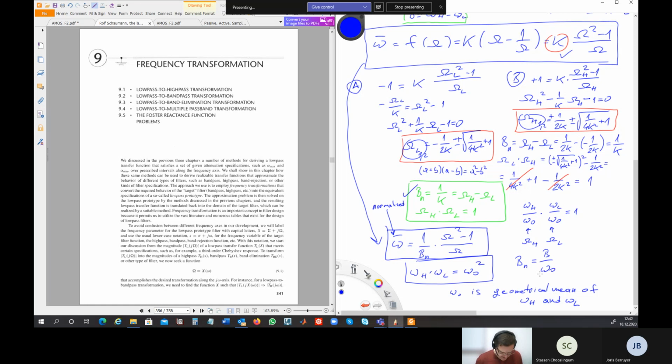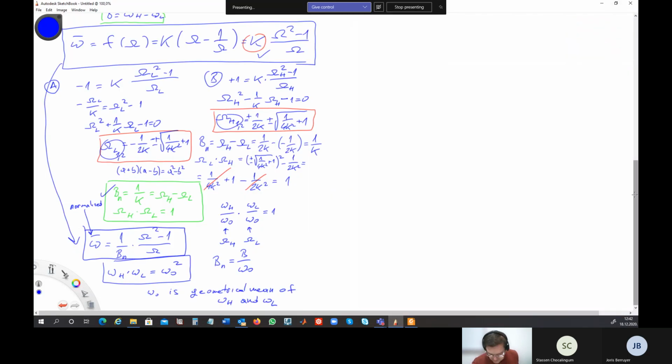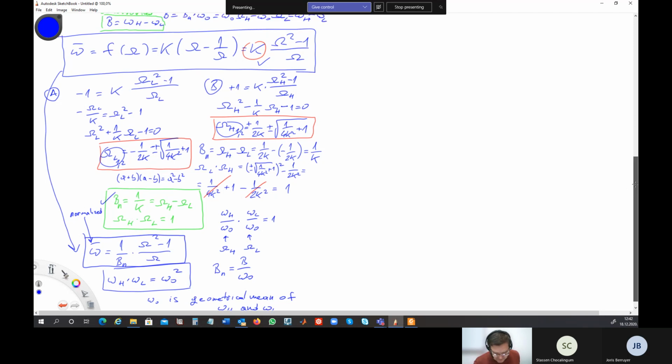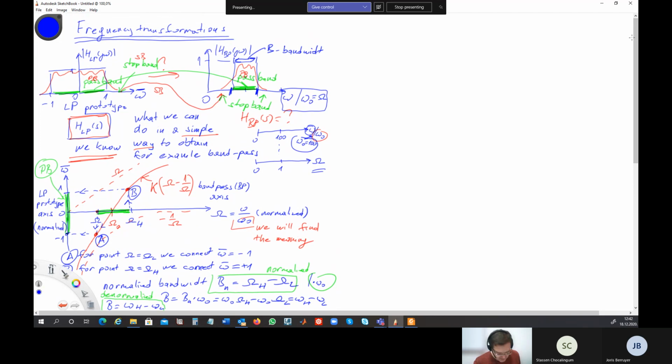Okay. Now we can continue. We use substitutions. S equal to J omega for frequency characteristics.